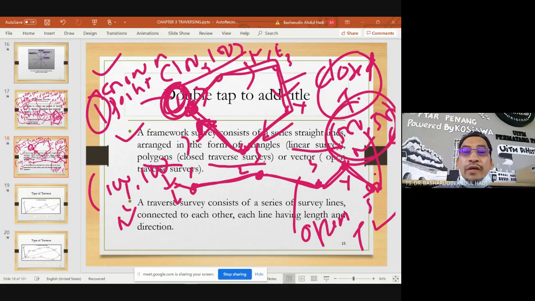When you do a survey from point 1 to point 2, point 3, going back to point 3, going back to point 4, 4 going back to point 5, from a known point coming back to a known point, we also call it a closed traverse. So the closed traverse means you start and finish at points where you know the coordinates or the station number. Is it clear?